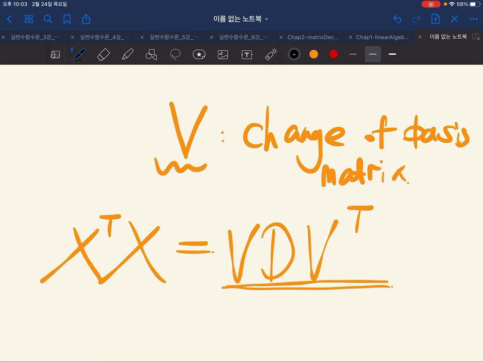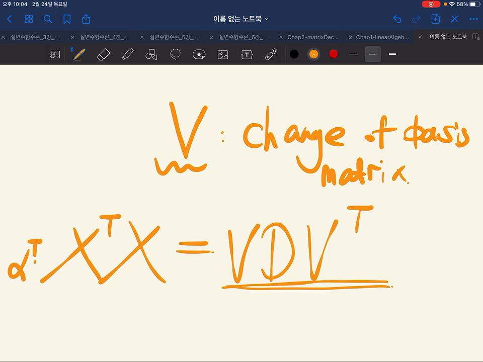Let's say we express a vector in terms of the coordinates with respect to the original basis.